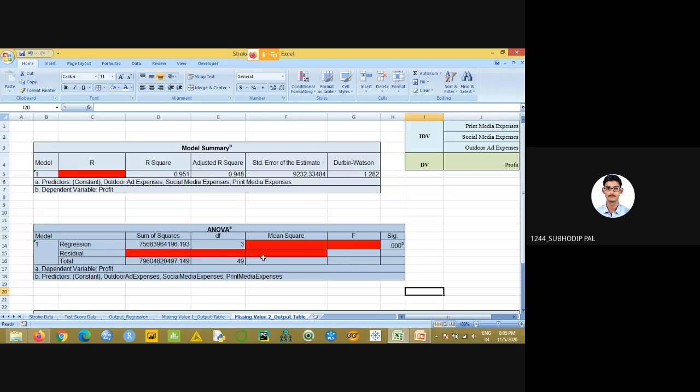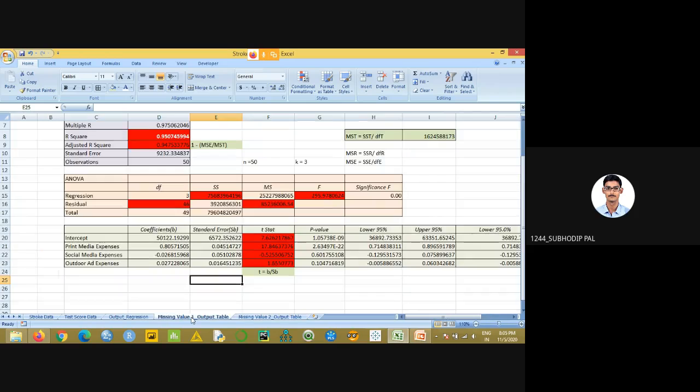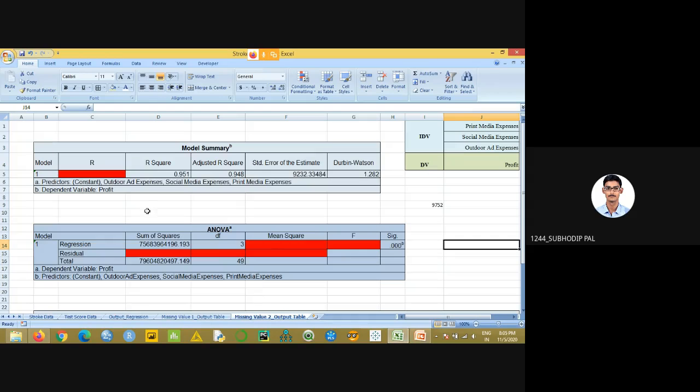R value is 0.9752. Yeah, got it. I did 0.951 root. So R value, how did you calculate here in this particular thing?